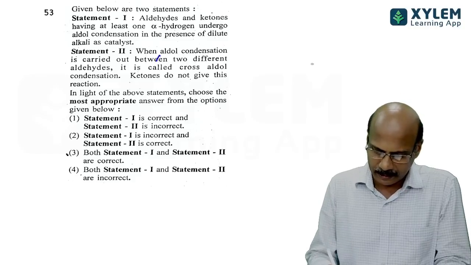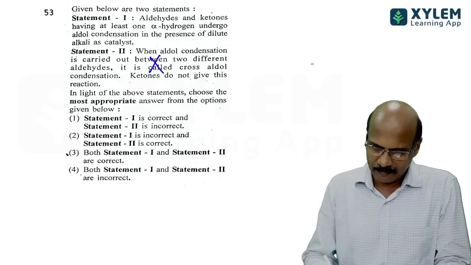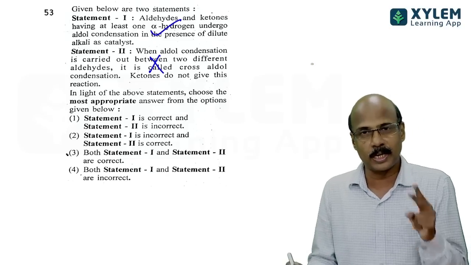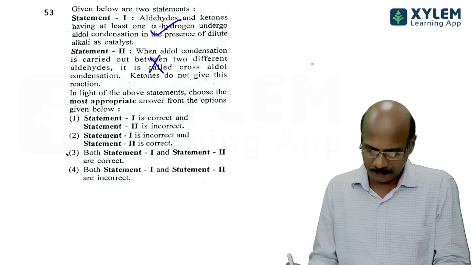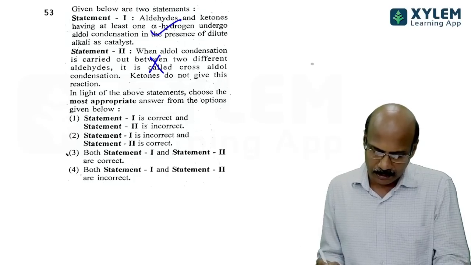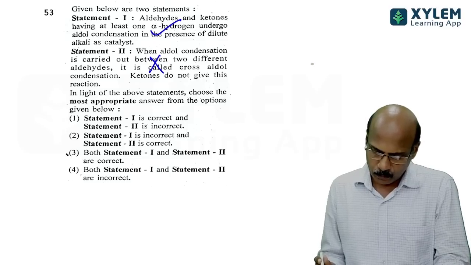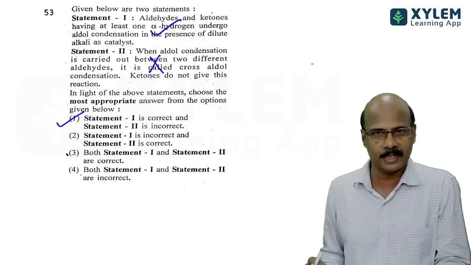So anyway, the second part is wrong. The first part can be taken as correct. Even if there is one alpha hydrogen, there is an aldol reaction. If there are 2 alpha hydrogens, there is a condensation product. You know why? So statement 1 is correct, whereas statement 2 is wrong. 1 is correct, 2 is incorrect. So we can take the first as the correct one.